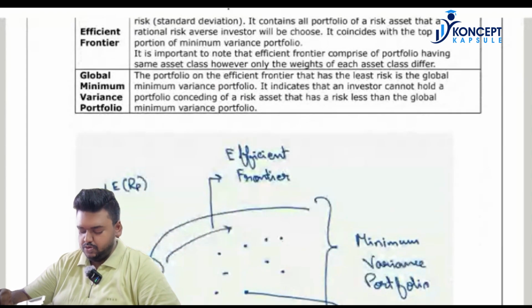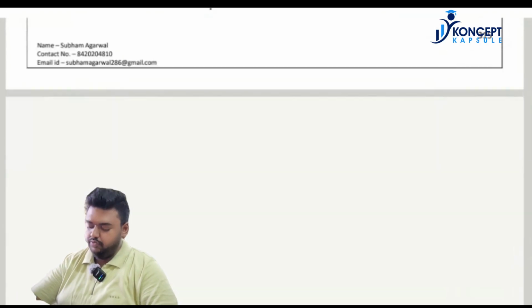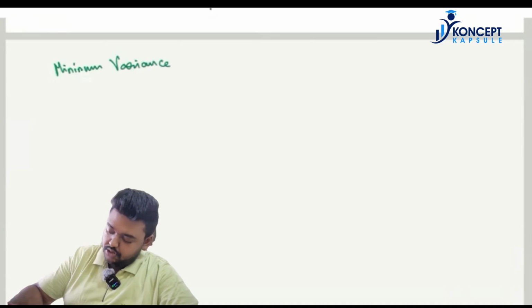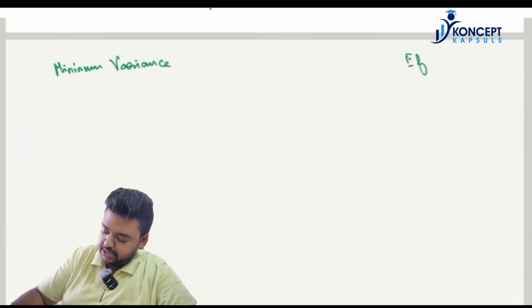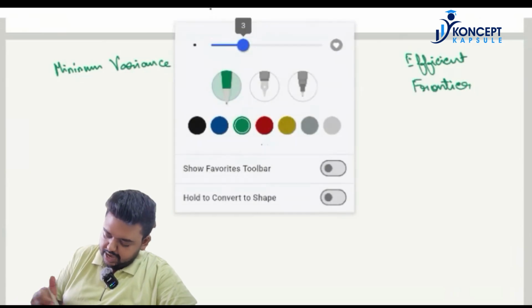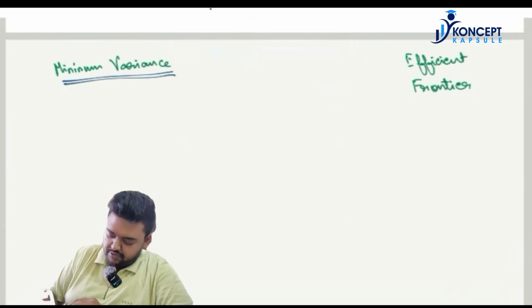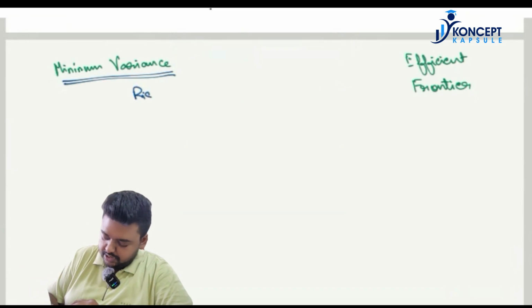So we will understand two terms over here. One is the minimum variance portfolio. The other is the efficient frontier. For minimum variance, as the name suggests, what is variance? We all know variance stands for risk, correct?